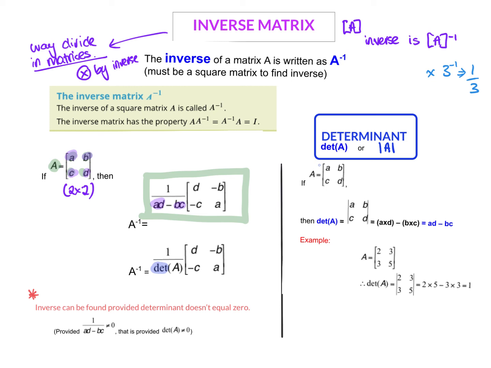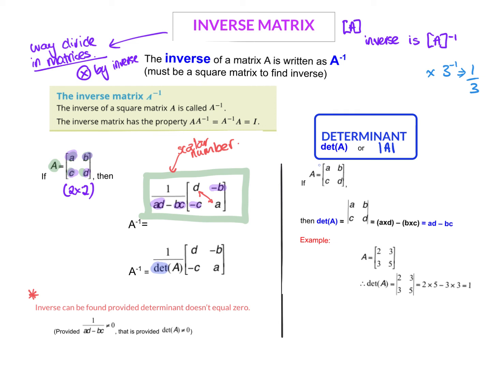And this bit will end up being like a scalar number. And then if you notice, these two get swapped around, and these ones become negative. So we'll do it, don't worry, when we do an example, it'll make sense. So there's the formula to find the inverse.